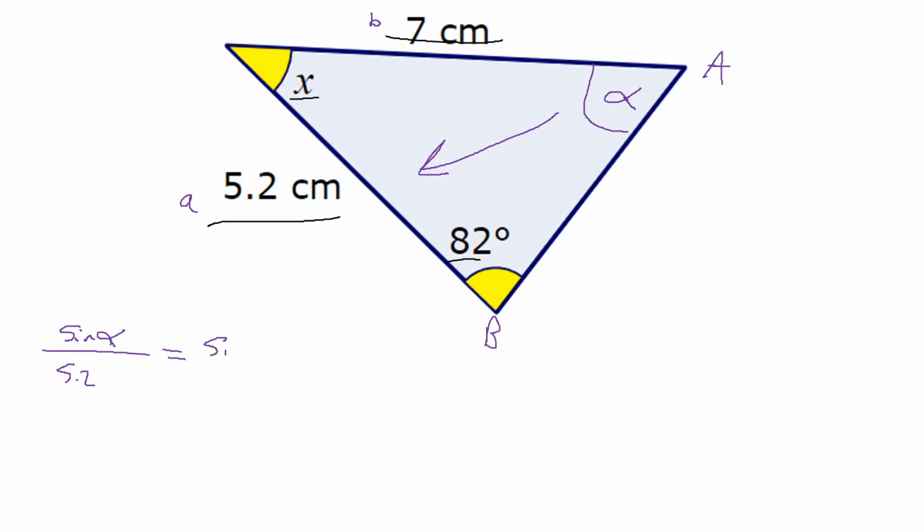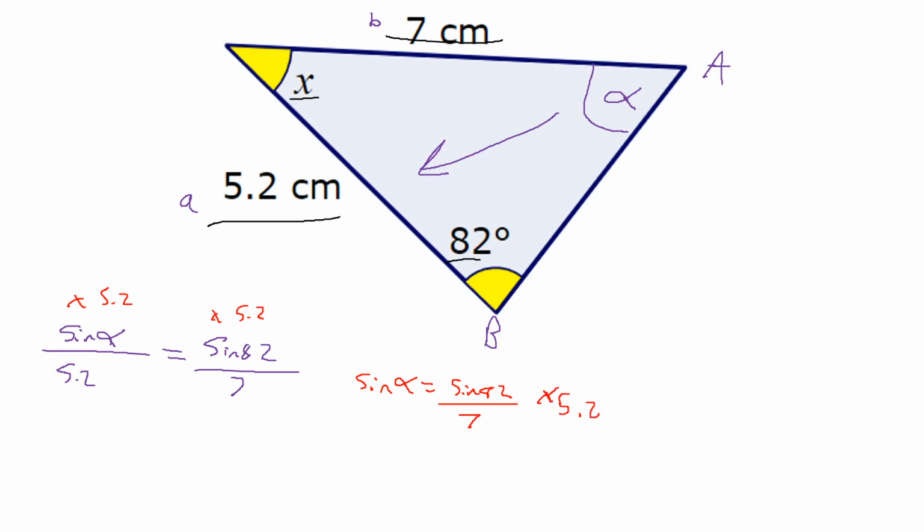So sine 82 over 7. So now let's multiply by 5.2. So then sine alpha is equal to sine 82 over 7 times 5.2.